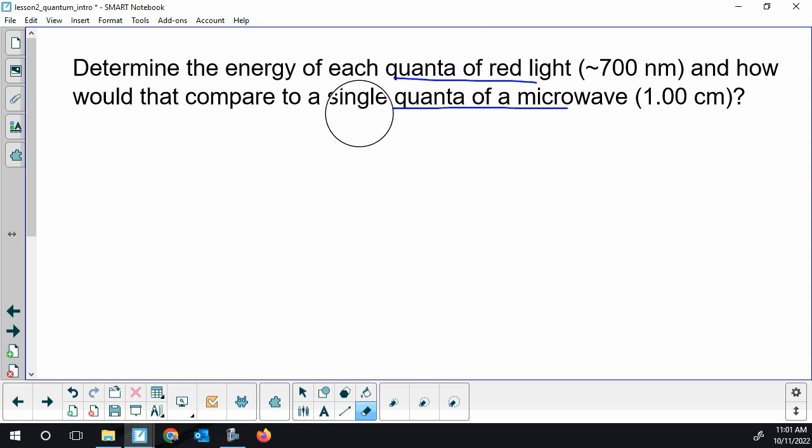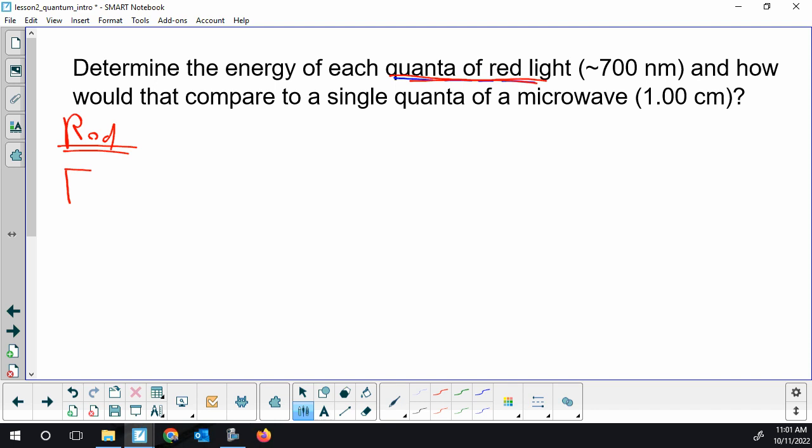So I'll get started with the red light. I was going to do that in blue, but I'll do the red light in red in this slide. So red light, we want the energy of an individual quanta. So energy is Planck's constant times frequency.